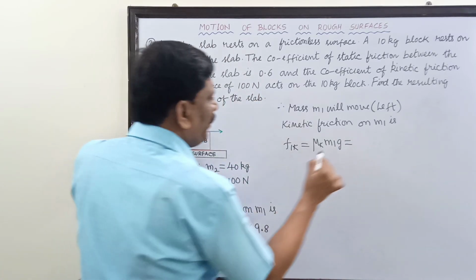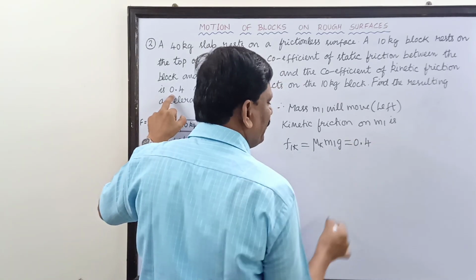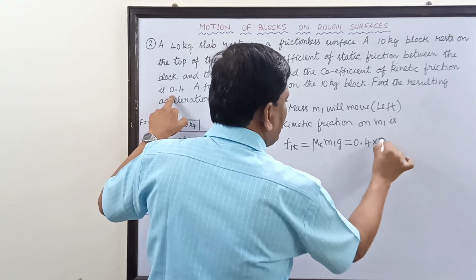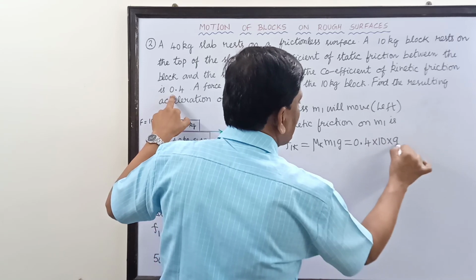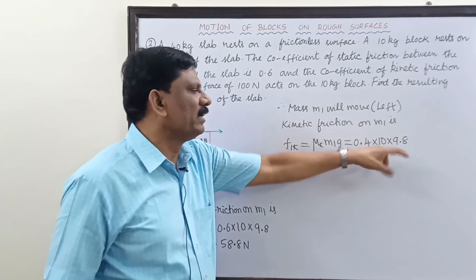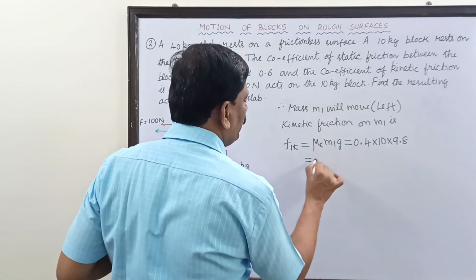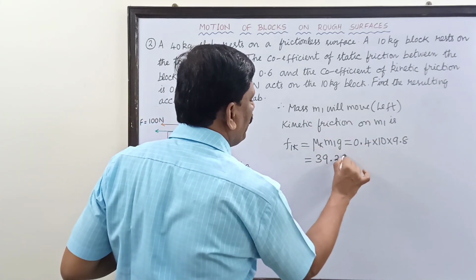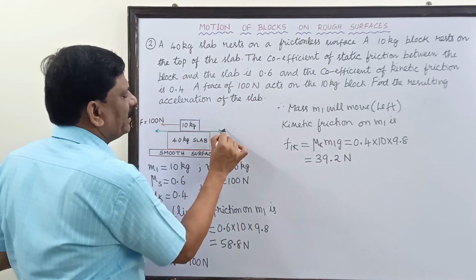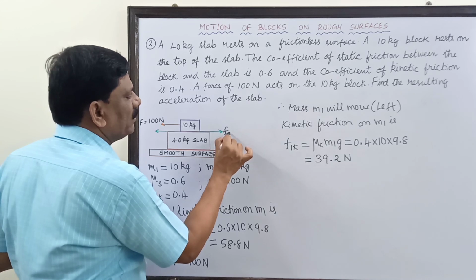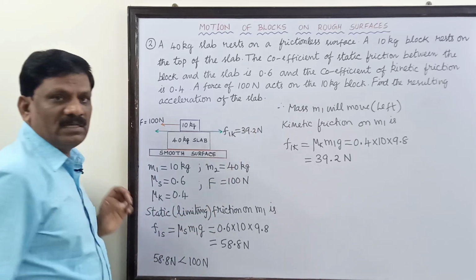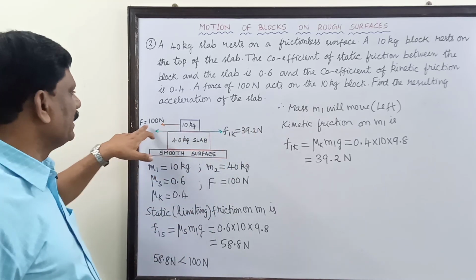Mu kinetic is 0.4, into mass 10, into g which is 9.8. So it is 4 into 9.8, and this is found to be 39.2 Newton. So F1K is equal to 39.2 Newton. It is an opposing force; kinetic friction is opposing the applied force.